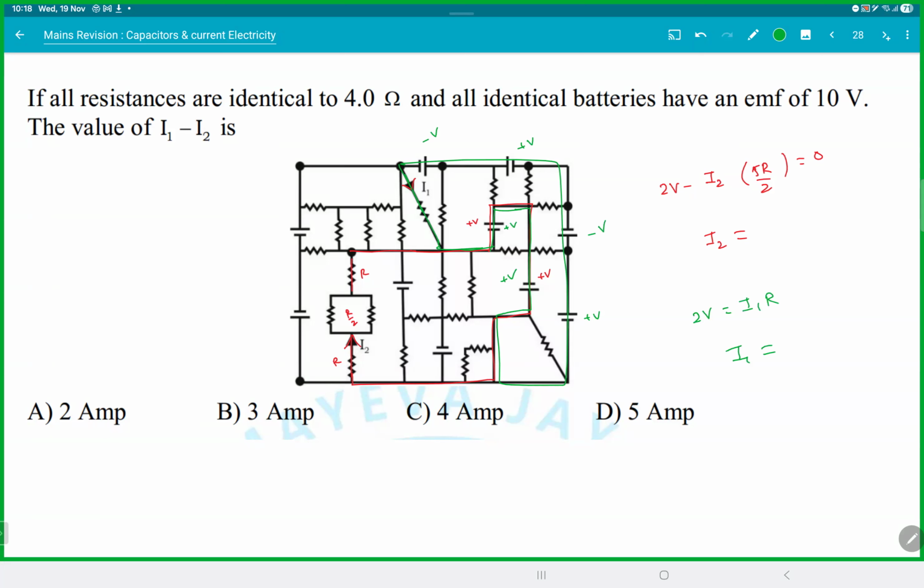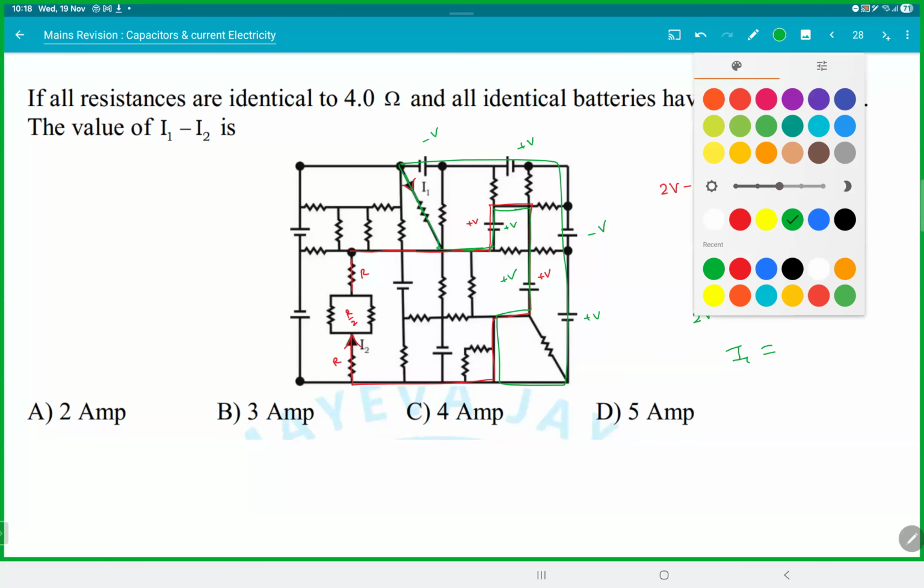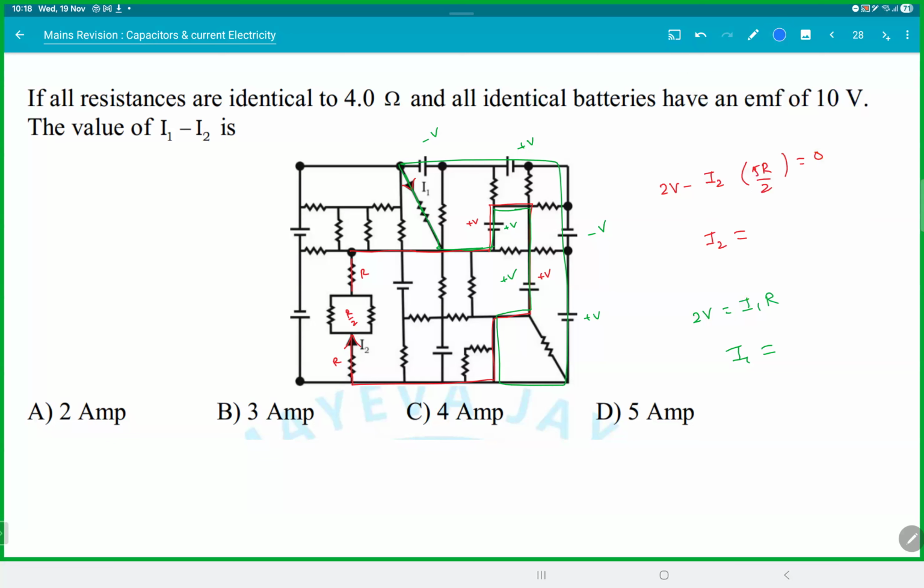Do you guys remember the maze? So in these kind of questions, the catch is this. You have to find a path where you go through that resistor, but remaining all should be batteries. Because if you touch one more resistor, you'll get a new current, I2, whose value we don't know, right? But as long as you pass through the batteries, it doesn't matter how much current is passing through the batteries. I hope you're clear with that.